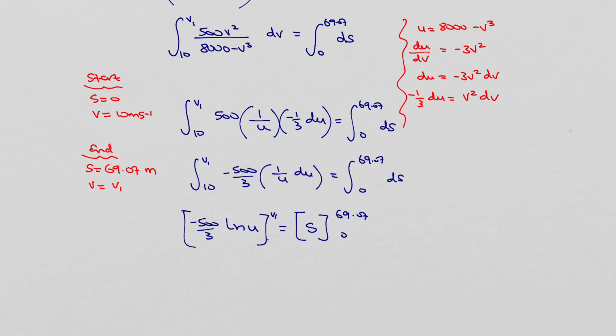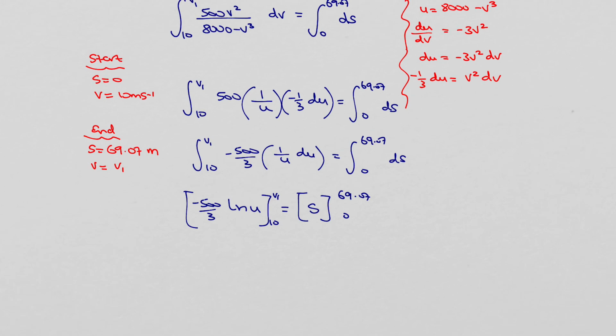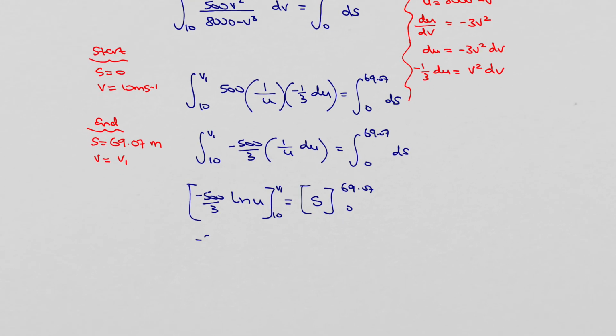And of course I have to sub back in for u. If I sub back in for u, that's 8,000 minus v cubed, in the limits of v1 and 10. So always make sure you're subbing back in. If you're not going to change your limits, sub back in at the end.